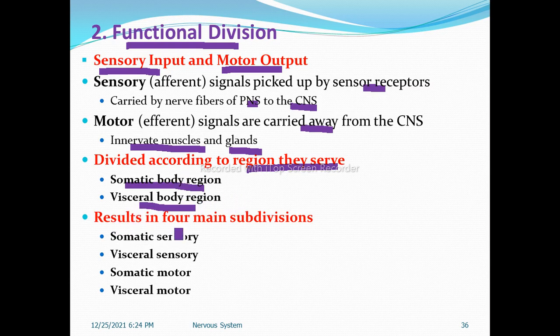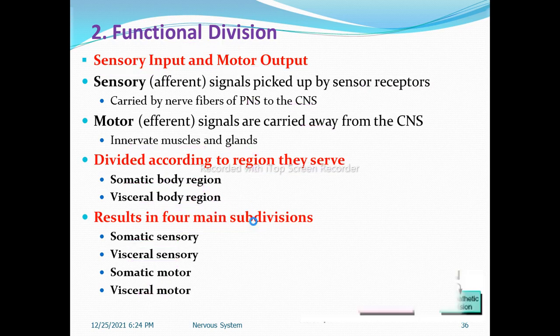This results in four main subdivisions: somatic sensory, visceral sensory, somatic motor, visceral motor. That means each body region also has sensory and motor innervation.